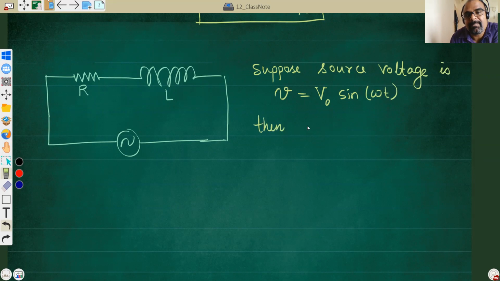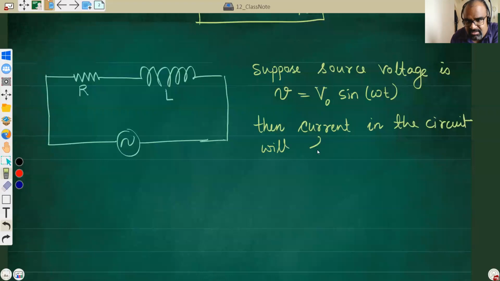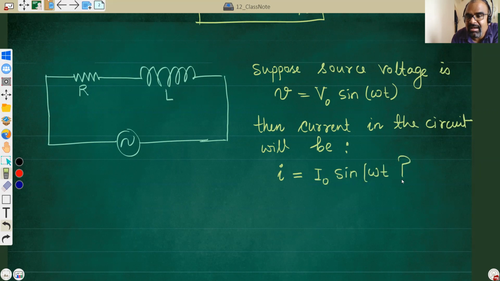Then current in the circuit will be how much? In terms of instantaneous values, it will be I naught sine of omega t. Will it remain simply omega t? Will it?